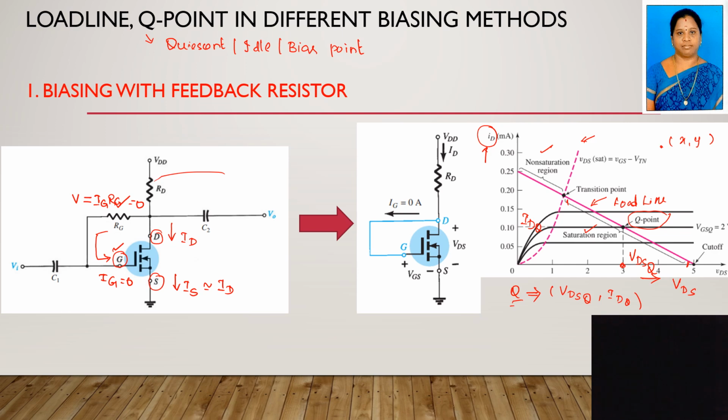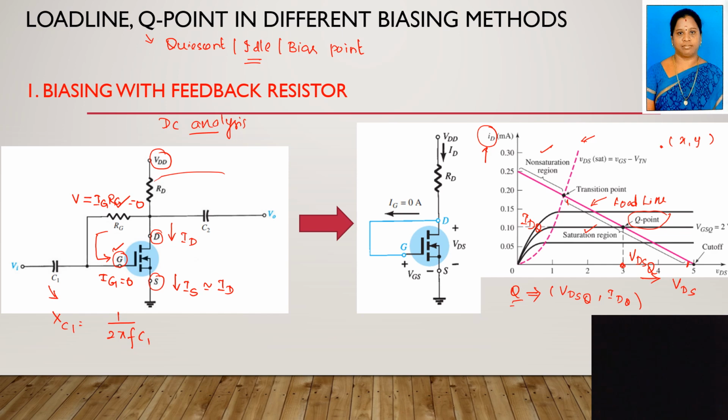Why is it called the idle point? For DC analysis, we analyze only with respect to the DC voltage. For any DC analysis we have to open circuit the capacitor, because the reactance of C1, XC1, equals 1 by 2 pi f C1.